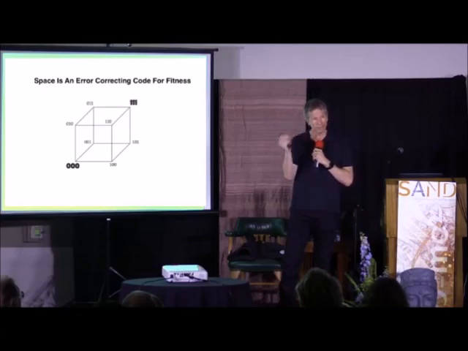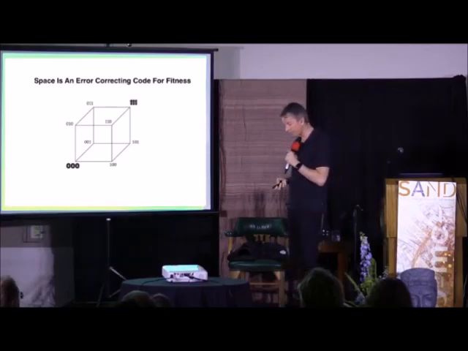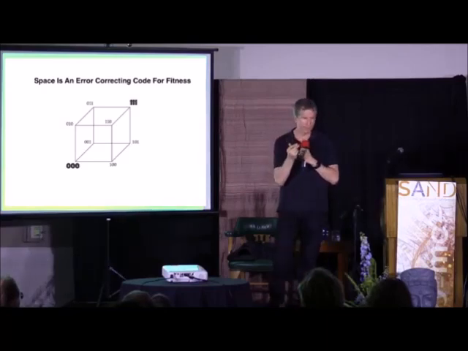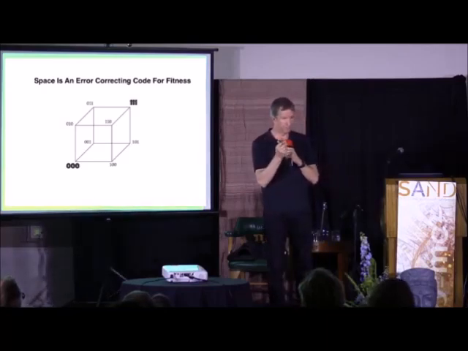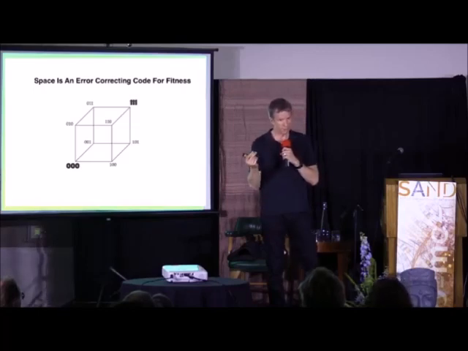We have to do data compression and error correction, so our perceptual systems are entirely shaped by evolution to do data compression of fitness information and then put it in an error-correcting code. And the reason for error-correcting codes is you don't want to get your fitness information wrong. If you get it wrong, you could make the wrong choice and you could die.